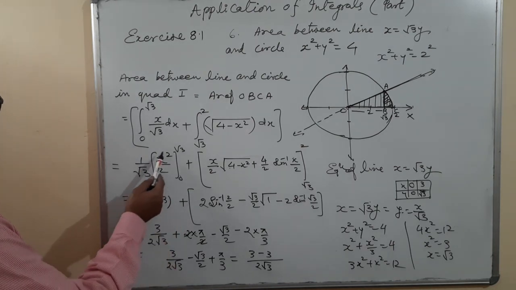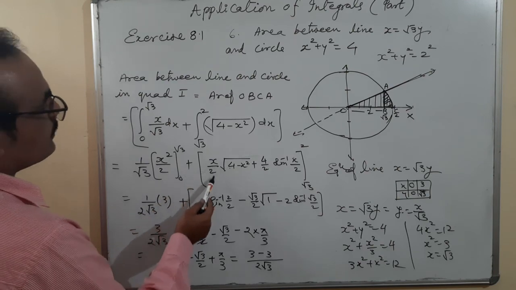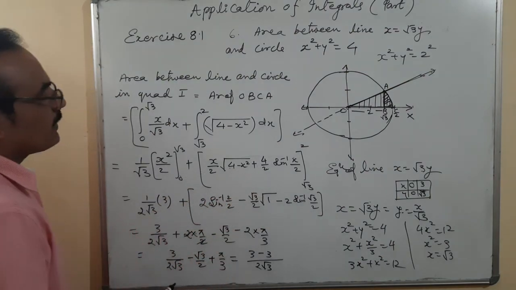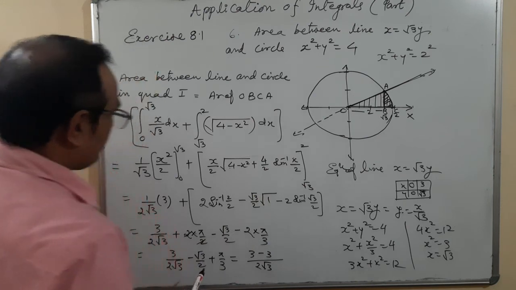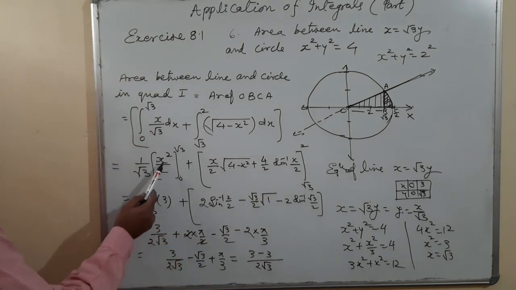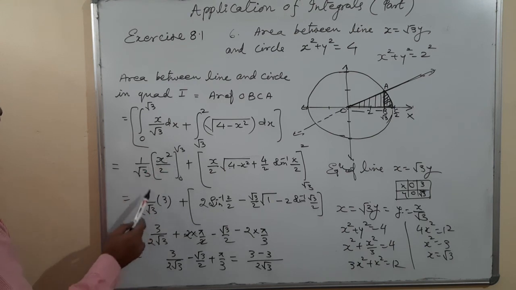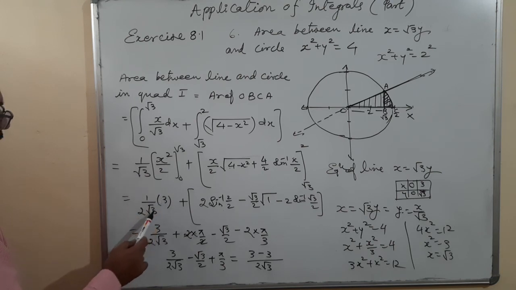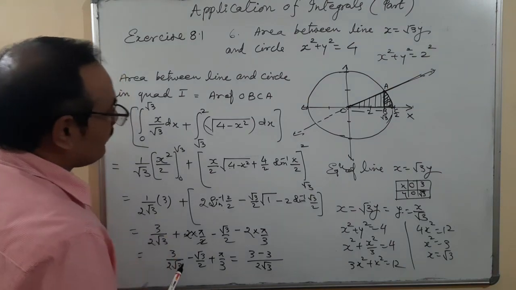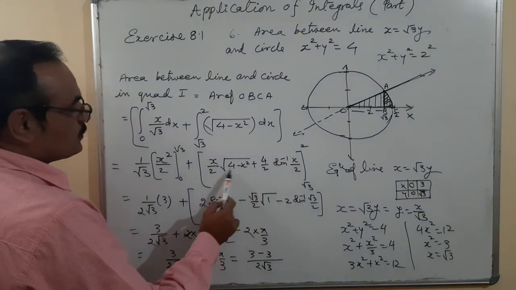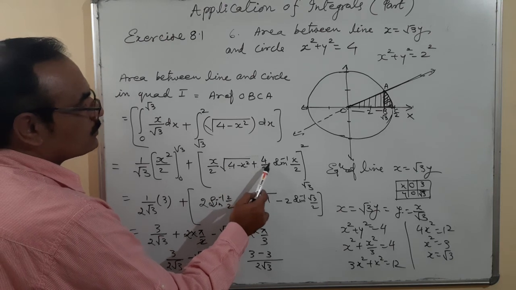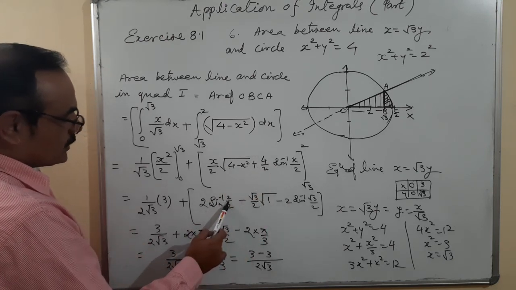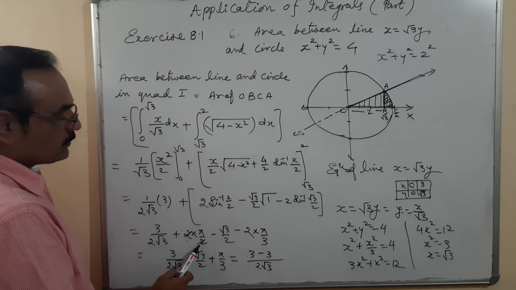1 upon root 3, x square upon 2, 0 to root 3, plus x upon 2 a square plus a square by 2 sine inverse x upon a. Okay, it is 1 upon root 3. When we put the root 3 whole square, it is coming 3. Okay, 1 upon 2 root 3, this is coming here 3 minus 0. So this is root 3 by 2. Plus, when we put upper limit 2, it's a complete cancel. 4 upon 2, 2 sine inverse 1, 2 pi by 2.